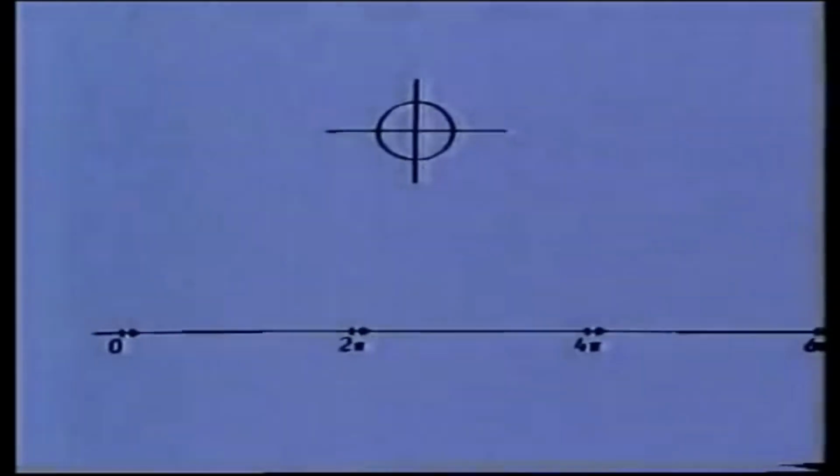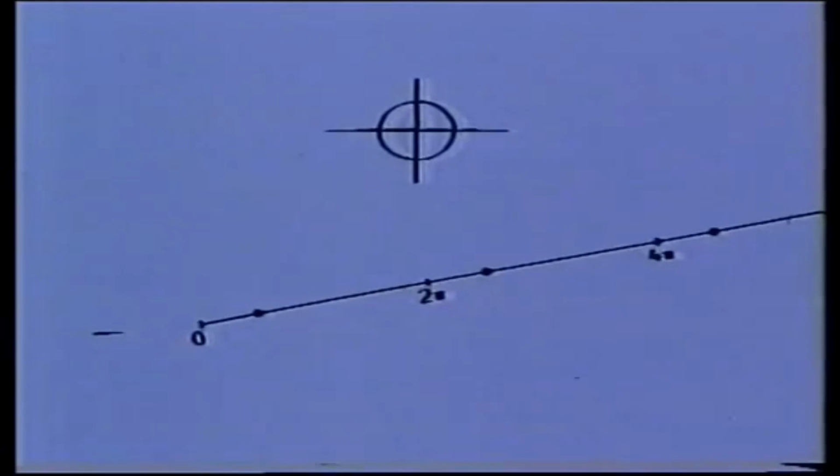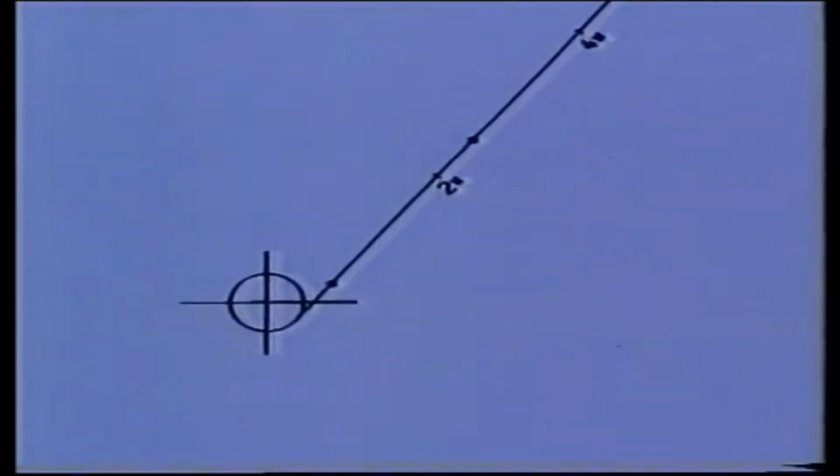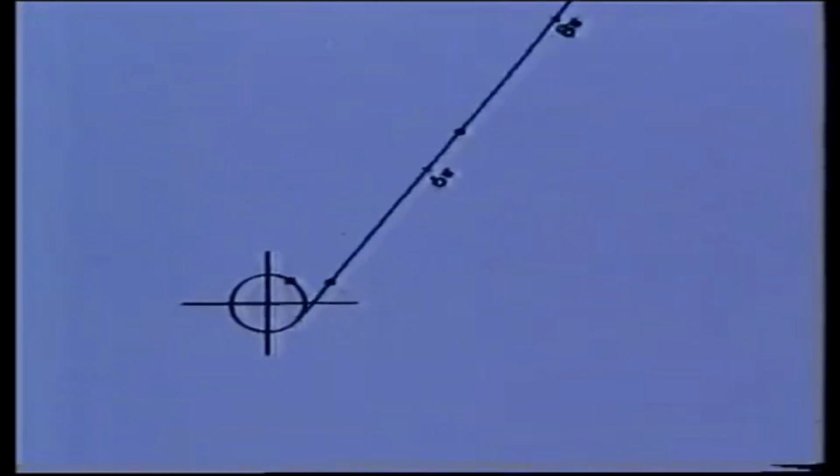Now let's take another coset of the stabilizer, say this one. These are some of the elements. Can you see there's a correspondence between the coset and one point in the orbit?